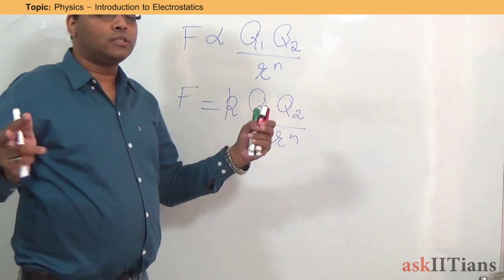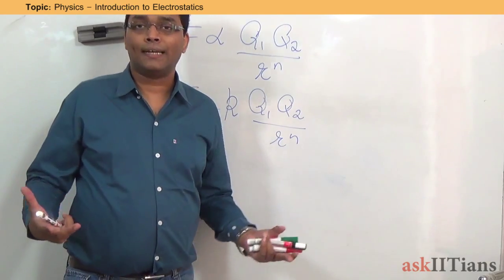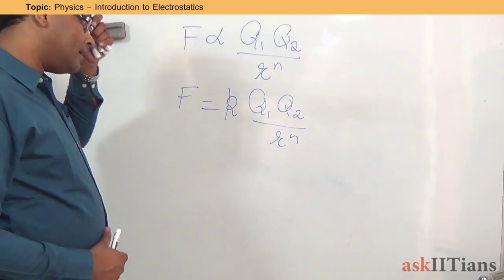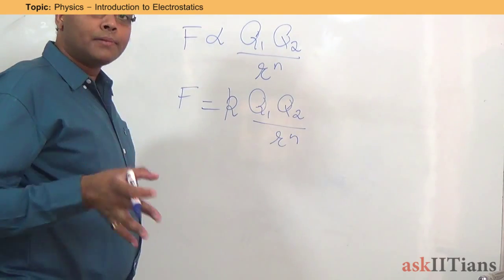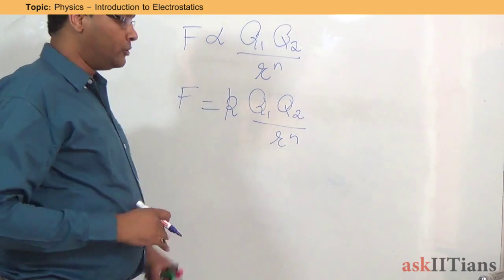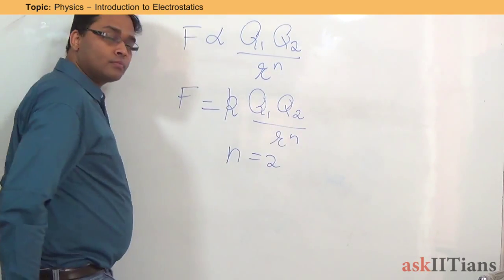Now let's try to put it into a physical system. Let's take any two charges and try to find out how much is the force that acts between those two charges. If we try doing it experimentally, the value of force which matches the actual value comes out for n equals 2.